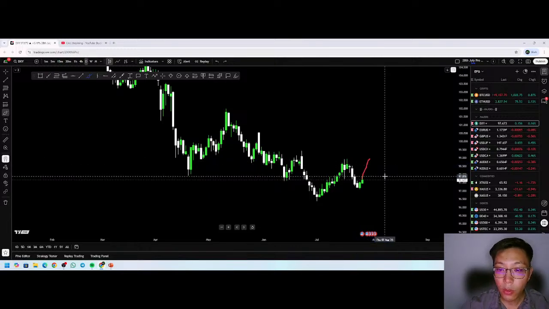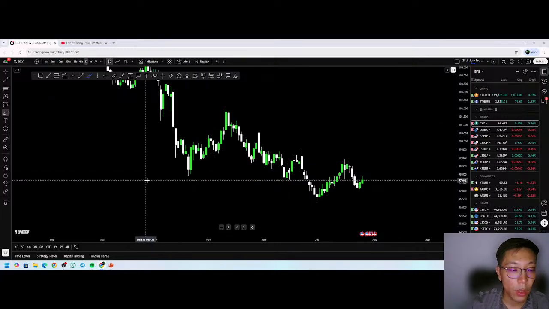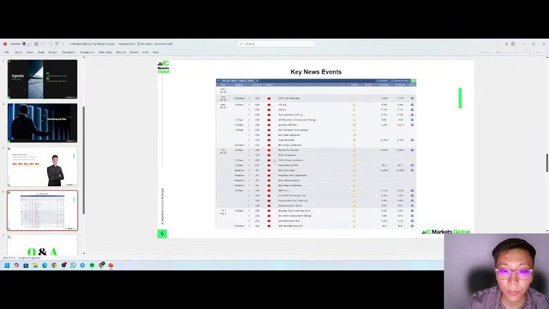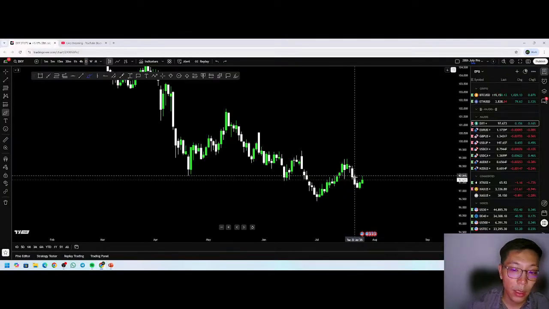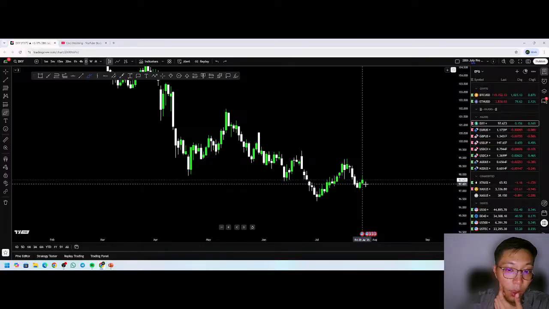Looking at the news right here, if you see the federal funds rate, if the rate decreases, the actual data is less than the forecasted data, it means that the USD currency will not be doing well.